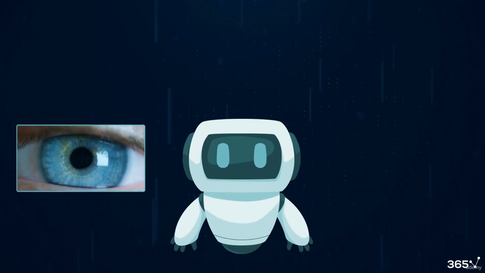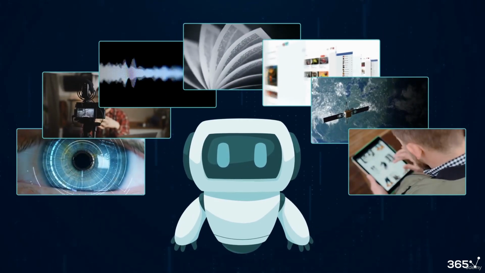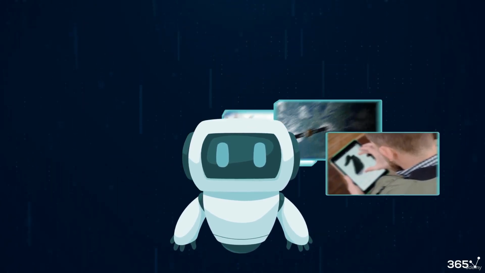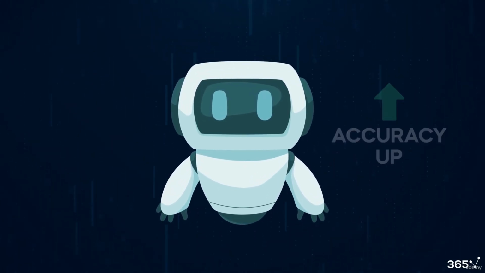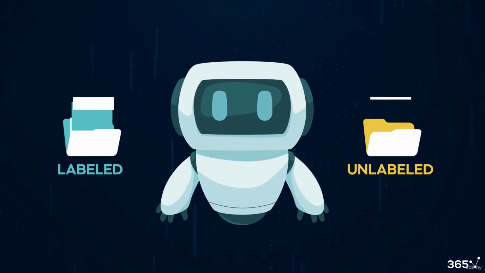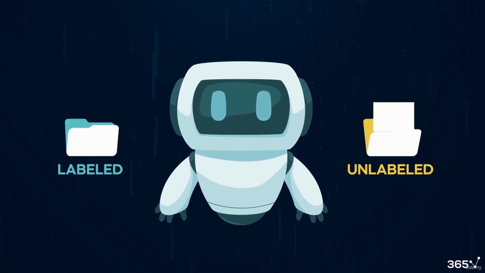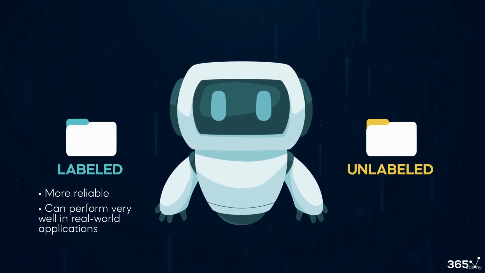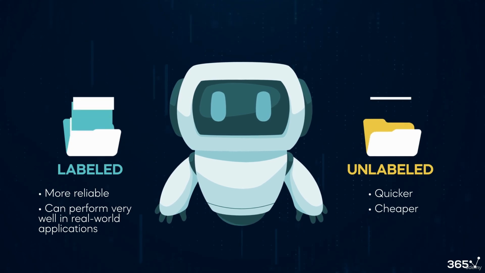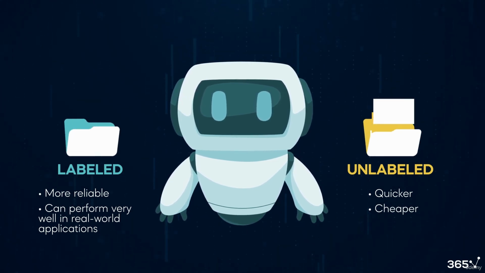The advantage is that in the end, we'll be able to train an AI model with high-quality data that can significantly improve its accuracy. Models typically trained on labeled data are more reliable and perform well in real-world applications. But a clear trade-off is the time and resources spent labeling data versus model performance.